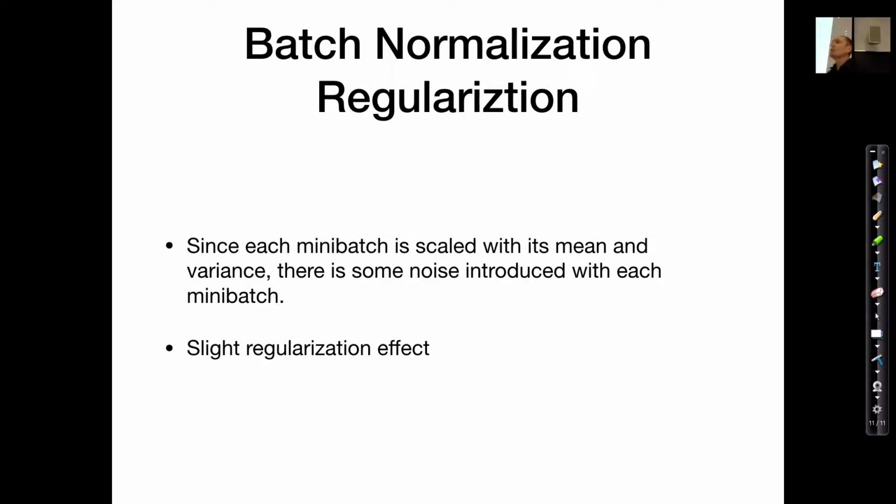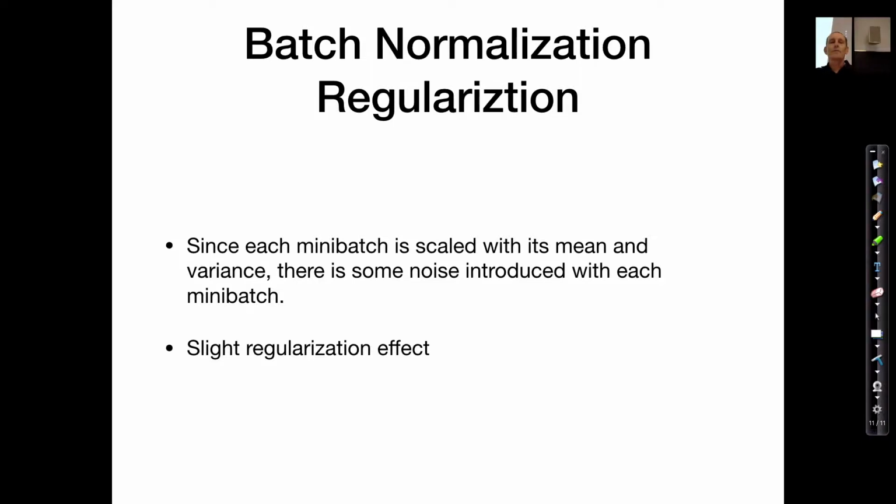Since our mini batch is scaled with the mean and the variance, this is just an approximation of our true mean and variance. And so that changes over time from mini batch to mini batch. So there's some stochasticity there that helps with regularization. But that's not why batch normalization is used.